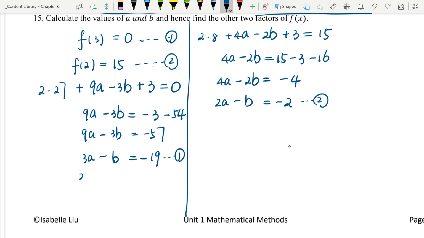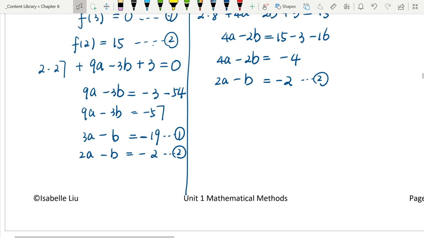Okay, I put the second equation here, just put it under each other. What I can do to find a is subtract one from the other, top minus bottom. It doesn't matter, but a will be negative a if you go the other way. So a equals negative 17 if you use 1 minus 2.